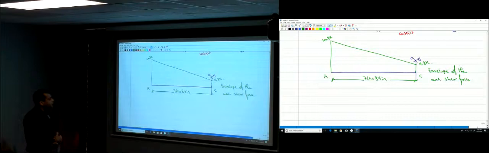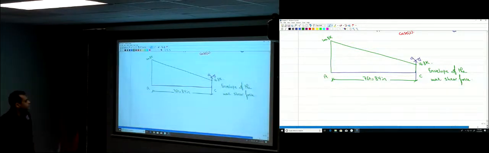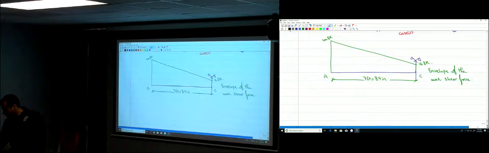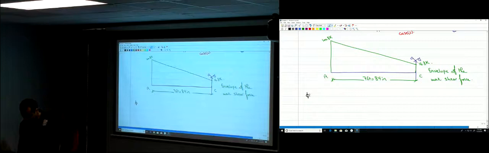So if you have this envelope of the maximum shear force diagram, how would you design this? We're just going to follow the same steps as we did in the previous example. So how much was phi Vc? This is from the previous example. It's not going to change.